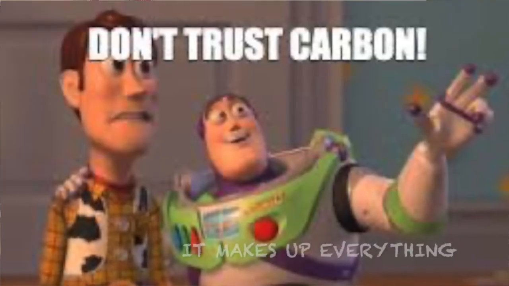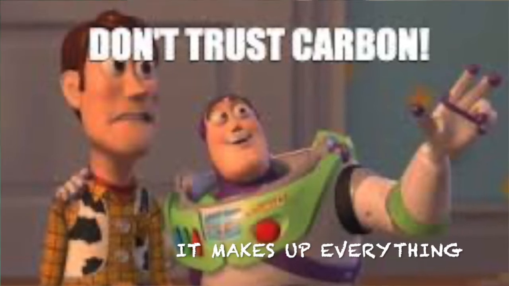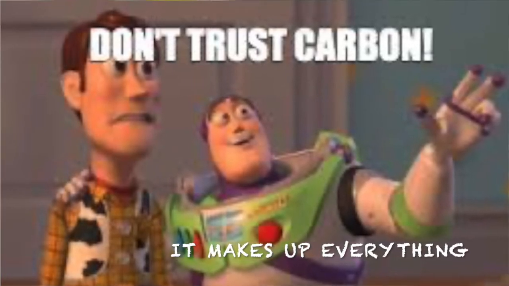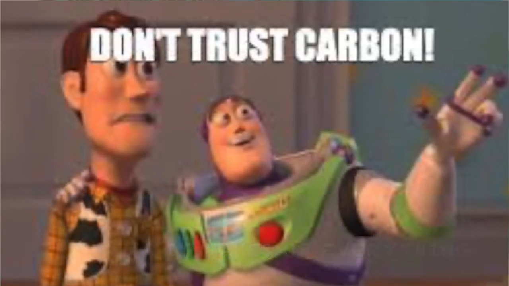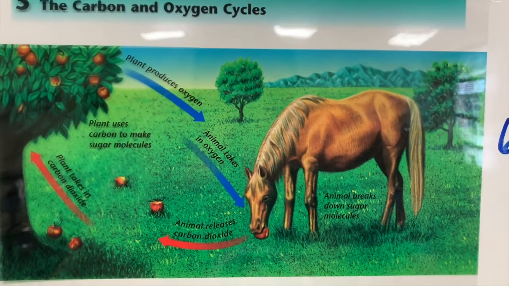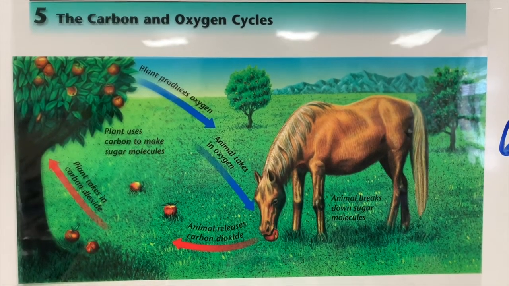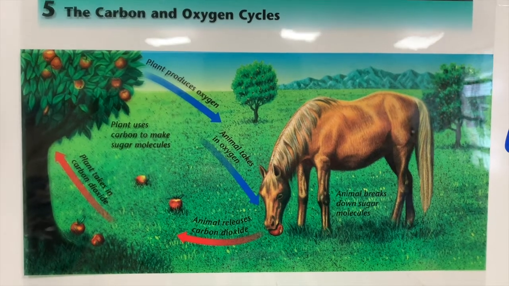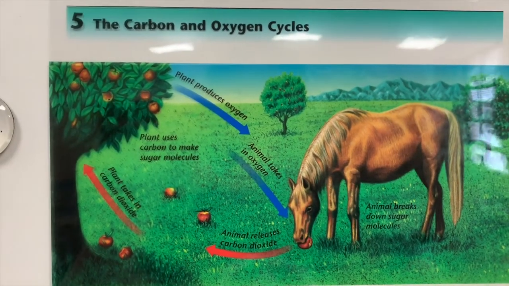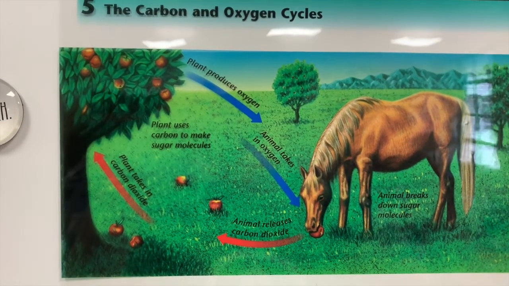One thing I do want to highlight for you in more detail is just a better visual of the carbon and the oxygen cycle, how it goes round and round. You see that the plant is going to produce oxygen that the animal takes in.